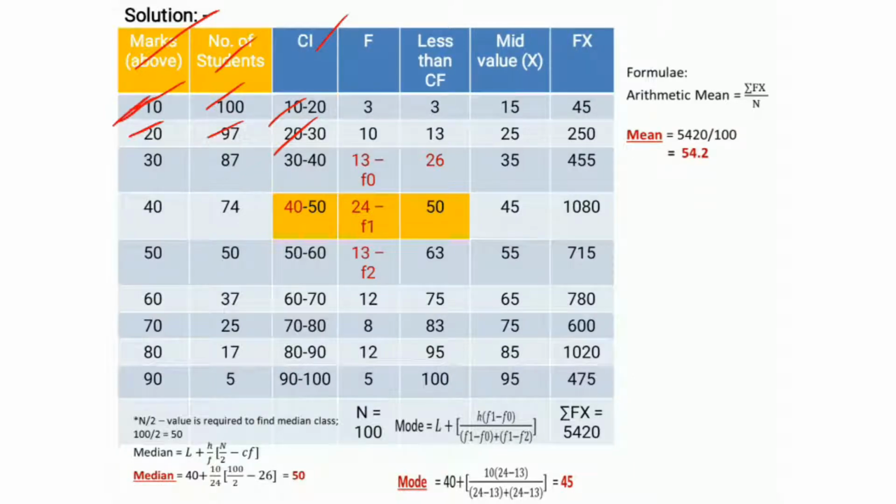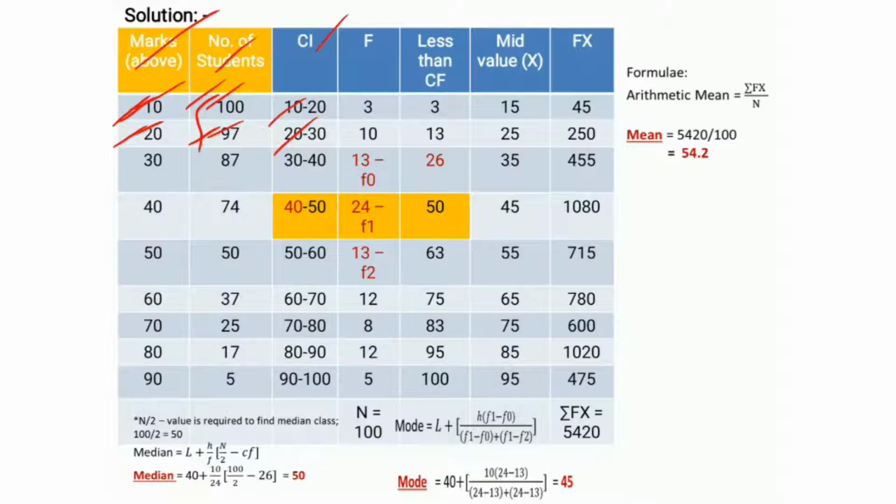More than 10 marks scored by students, there are 100 students. More than 20, how many students are there? 97 students. So from these 2 sentences, we can clearly understand that students scoring more than 10 but less than 20 is the difference between 100 and 97, that is 3.